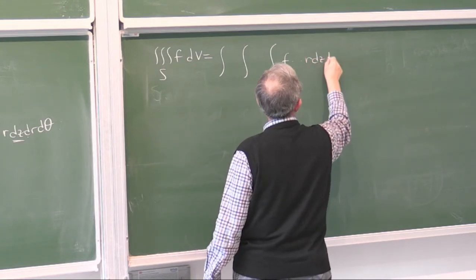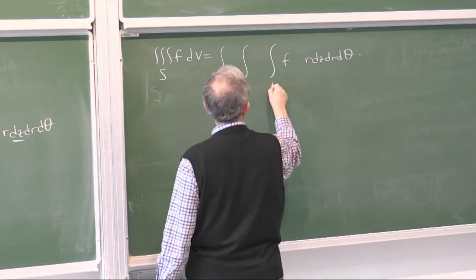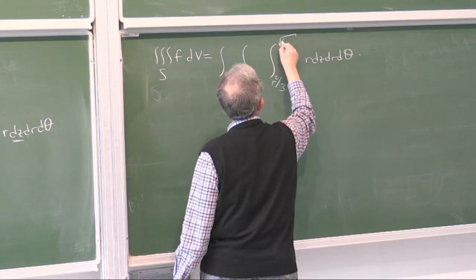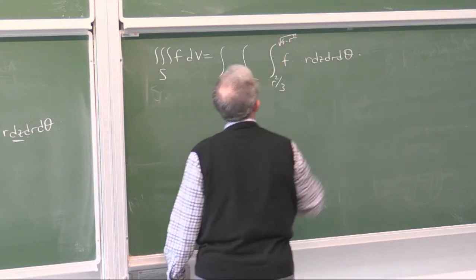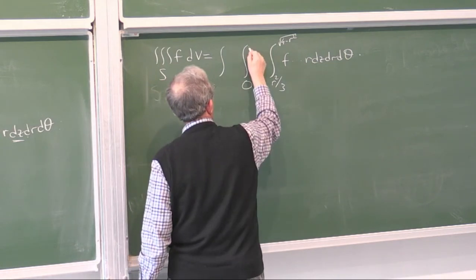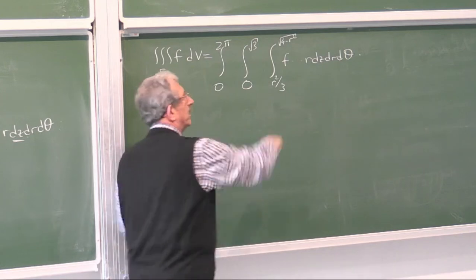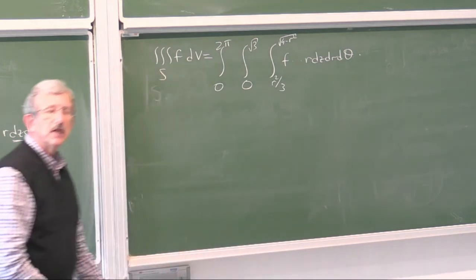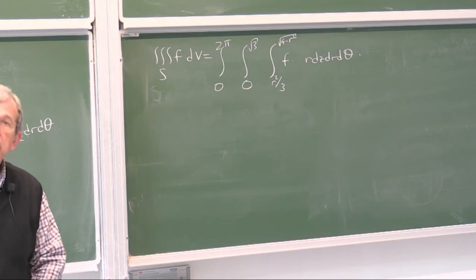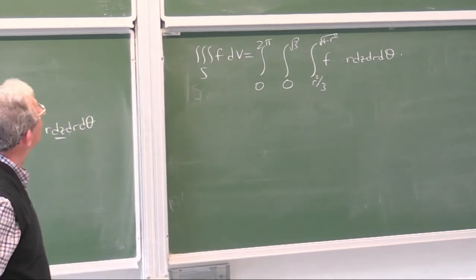R dz dr d theta, and z from r squared over 3 up to root 4 minus r squared. And in the root 3 circle, r changes from 0 to root 3, and theta makes a complete revolution. So this is now written in iterated cylindrical coordinates.